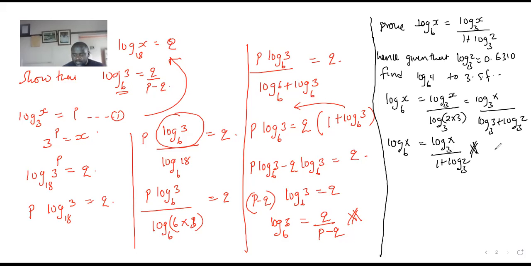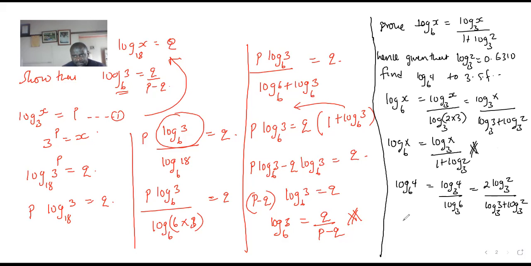Now they have said, hence without using calculators, find the log to base 6 of 4. This can be the same as log to base 3 of 4 over log to base 3 of 6. This is the same as 2 log to base 3 of 2, all over log to base 3 of 3 plus log to base 3 of 2.